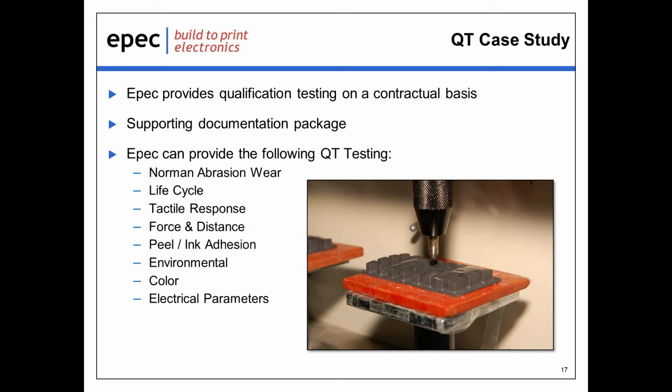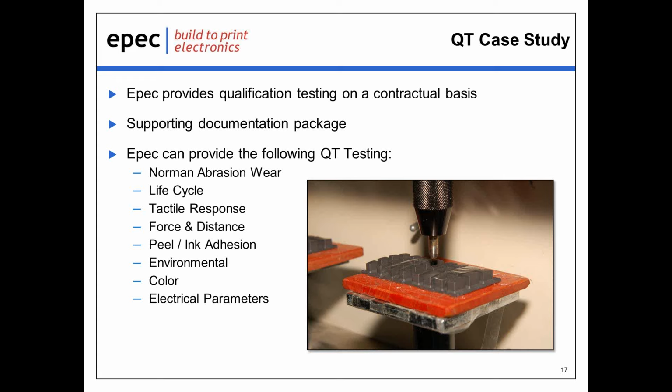So some of the testing that we have performed in the past and currently, EPIC does provide qualification testing on a contractual basis. We can provide a supporting documentation package of those test results or a qualification test report as required. And some of the qualifications we've performed in the past have been abrasion testing or wear testing of the custom user interface product to give you a life cycle of that product line.